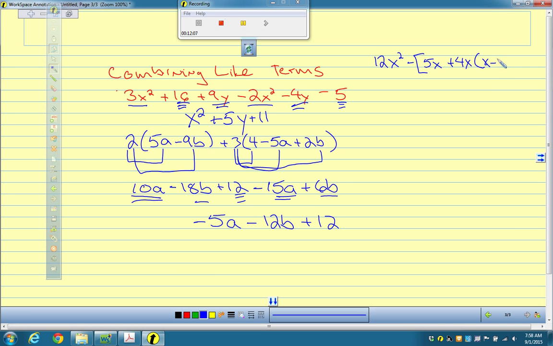X minus, well, let's see what we can do with this one. Who can tell me what 4x times x is? 4x squared, right? So 4x times x is 4x squared. What's 4x times negative 1? Negative 4x. So you guys try this one, okay? You try it, and let's see if I did it.